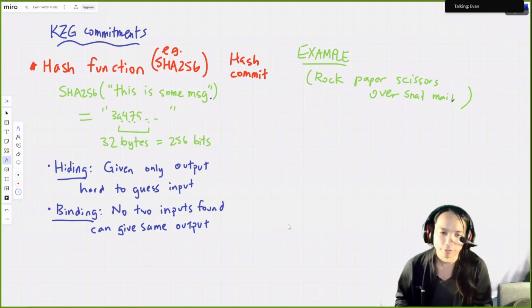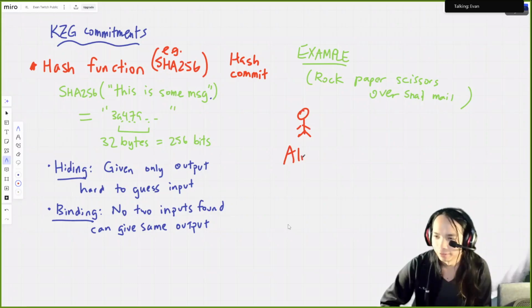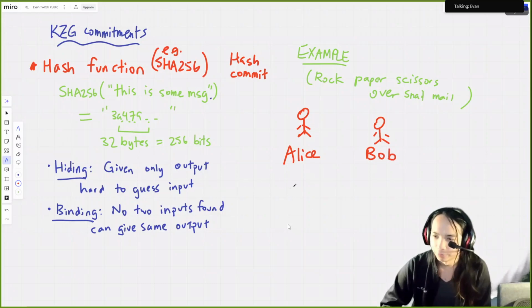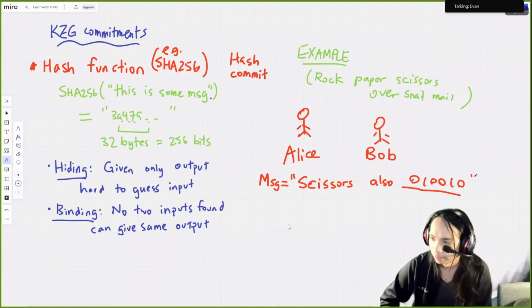The way you can use a hash function to do this is: we're going to draw two people. I think the tradition is to call these people Alice and Bob. Alice will pick a choice, say scissors, take the message scissors and also some random bits like 0, 1, 0. It doesn't really matter what these bits are.